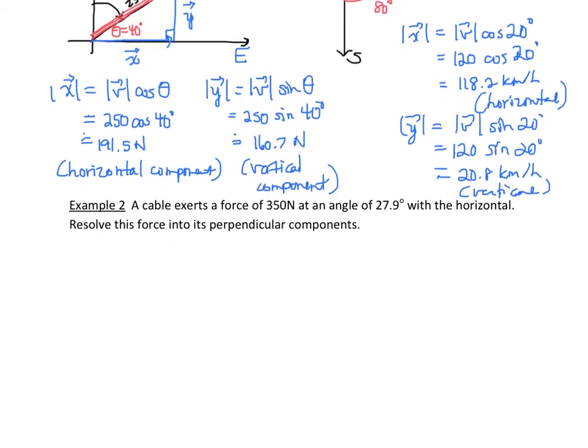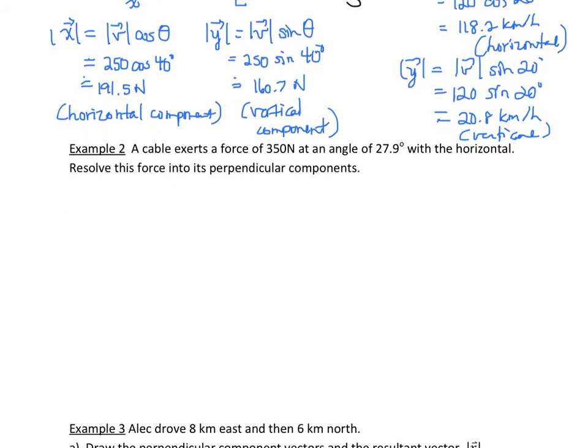Here's one sort of straightforward example. It says a cable exerts a force of 350 newtons at an angle of 27.9 degrees with the horizontal. Resolve this force into its perpendicular components, which means find the vertical and horizontal components of that force.